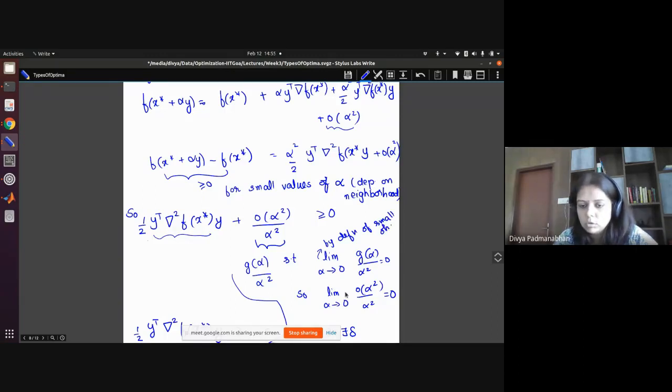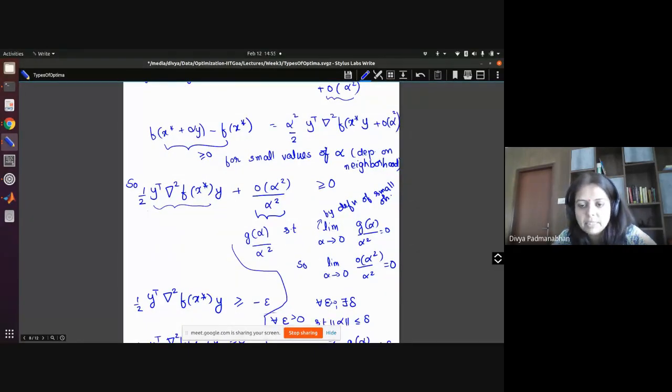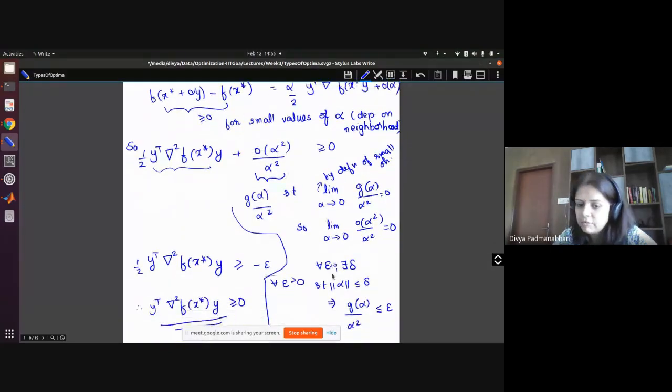So remember what we mean by this: the limit as alpha goes to 0 of this quantity is 0. It means that for every epsilon you take, you can find a region delta such that whenever alpha is within delta, this function value g of alpha by alpha square is less than epsilon.